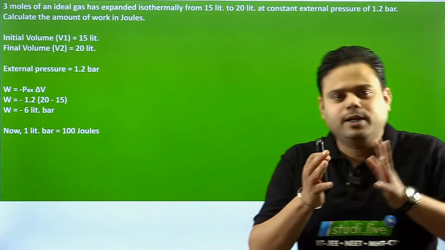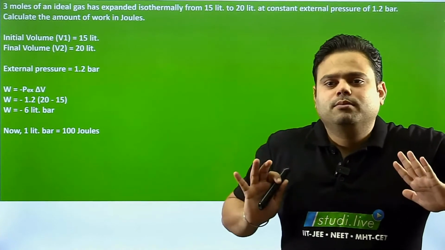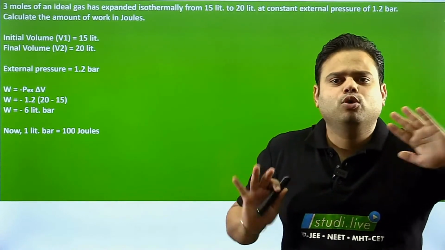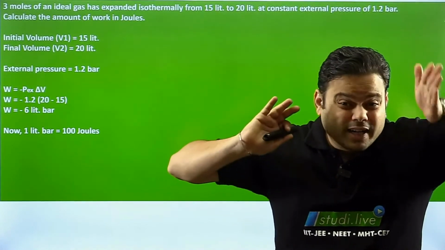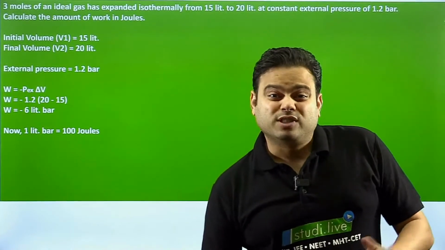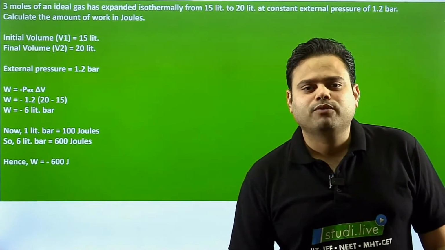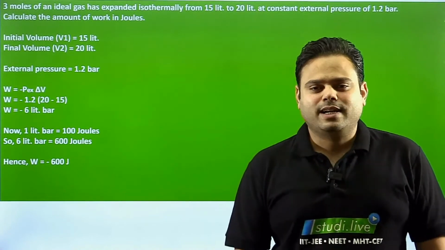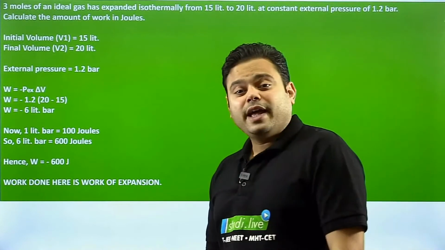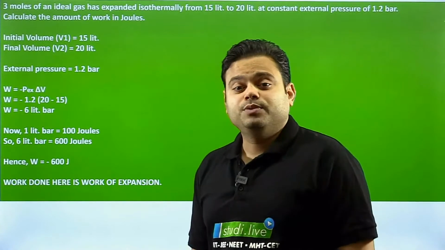We have found out how much work is performed, but we have found it in terms of liter bar and liter atmosphere. Whether you say liter bar or liter atmosphere, it means the same, but 1 liter atmosphere or 1 liter bar is 100 joules. So 6 liter bar will be 600 joules. So the work performed in this case will be 600 joules, and because there is negative sign, work done over here is of expansion. The work done here is of expansion. I hope this is clear to everyone.